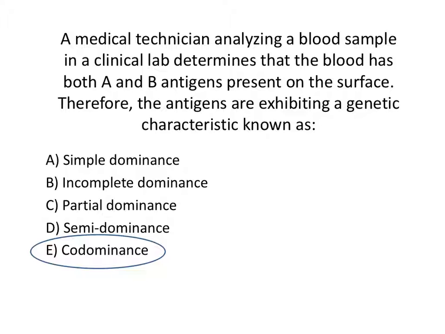Okay, so here we're looking at this issue of codominance, and the example that I gave in class was about blood types. So I'll just bring up a new slide here. In terms of the blood types, if we look at the phenotype, we have blood group A, blood group B, and blood group O. And essentially, if I draw a red blood cell down here, what we're talking about are the presence of these surface proteins.